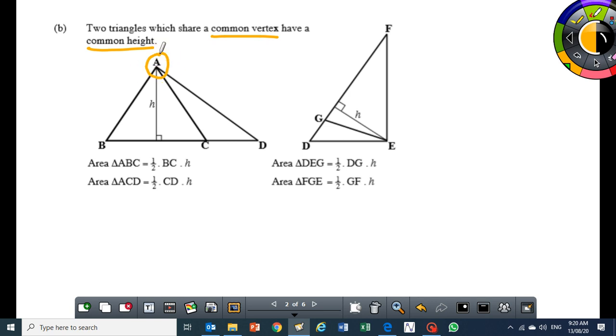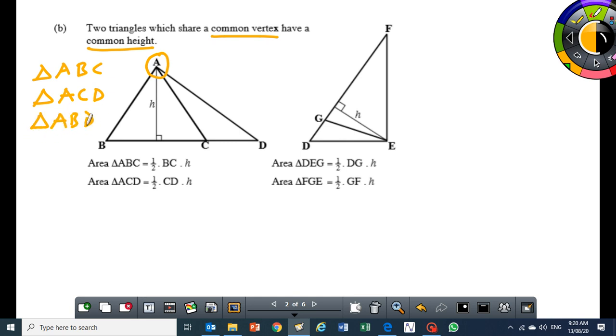If triangles share a common vertex, then you can conclude that their heights are the same. So vertex A is a common vertex for all 3 triangles. Just to remind you, here we have triangle ABC, we also have triangle ACD, and we have triangle ABD.